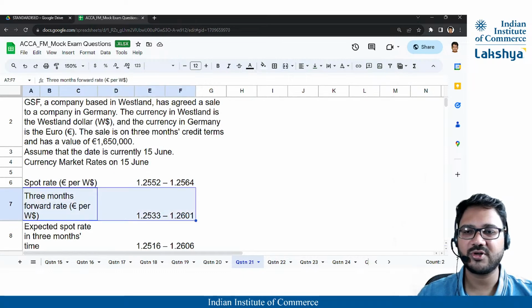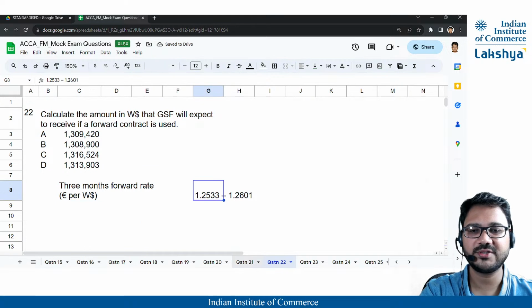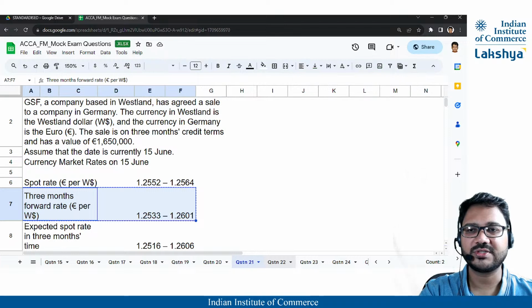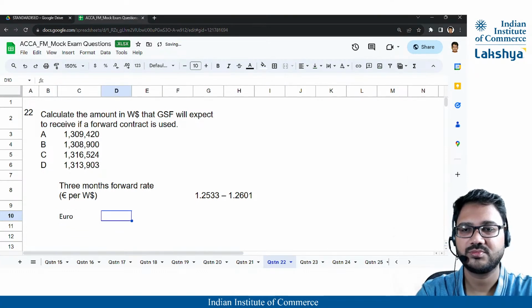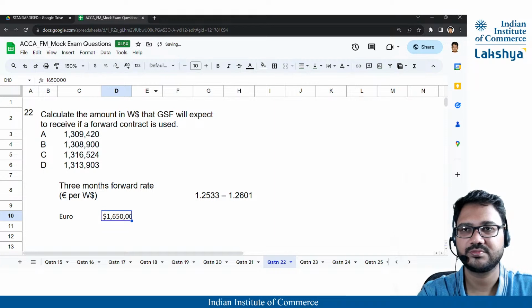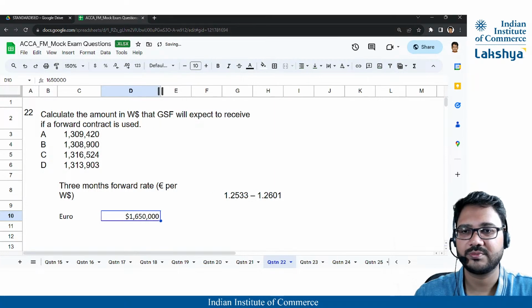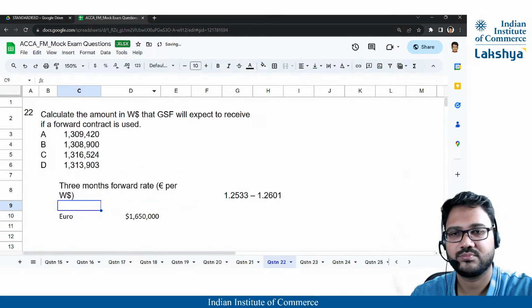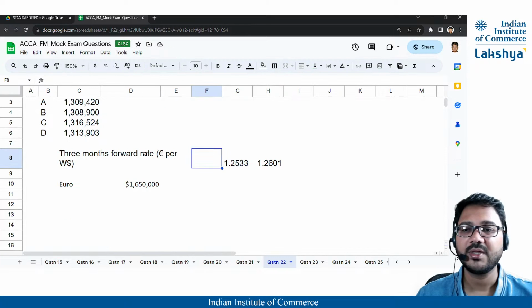What are the details related to the 3 month forward contract? This is the forward contract, and how much amount are we talking? 1.65 million.